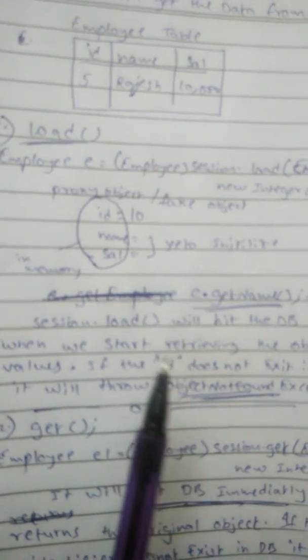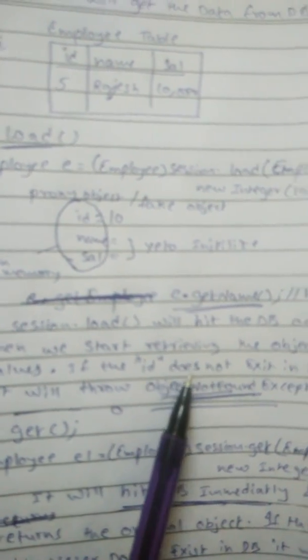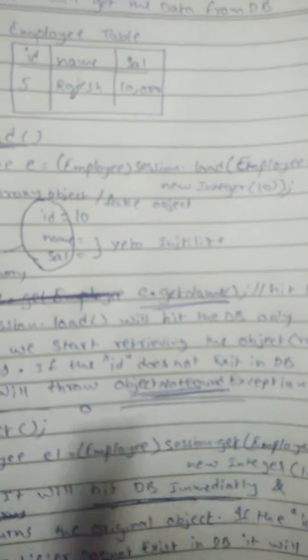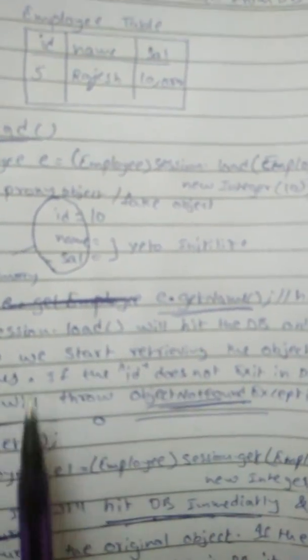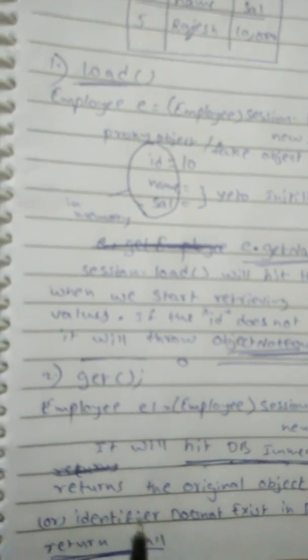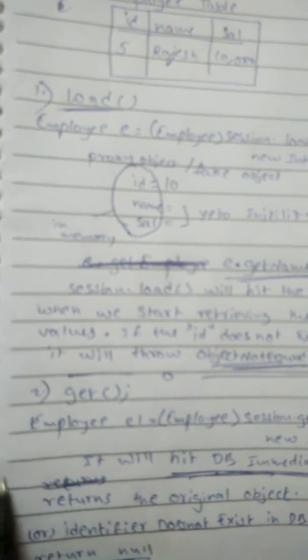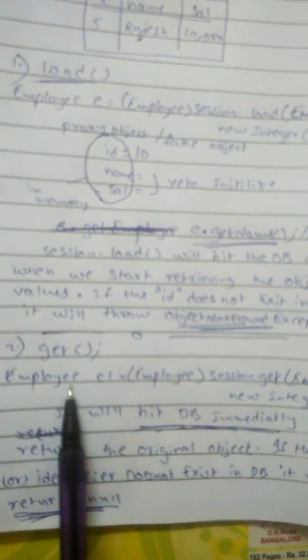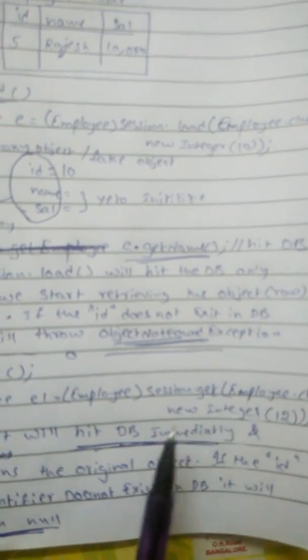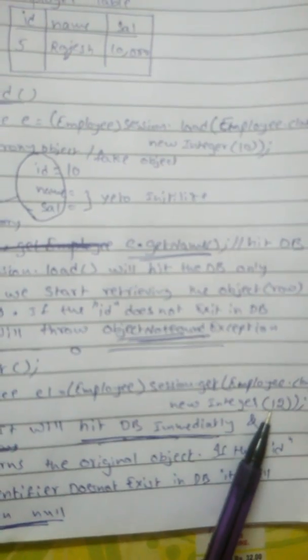If the ID, meaning the identifier, does not exist in the DB, it will throw an object not found exception. While in the case of get, it is the same scenario, only the method is changing. We typecast and assign to a variable, get(Employee.class, new Integer(12)).